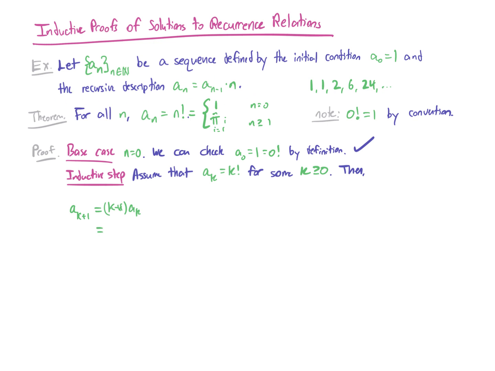Okay, next, we know that a sub k is actually equal to k factorial. So let's unpack and justify these two steps. So first step, this is the recursive definition of the sequence. This second step is the inductive hypothesis.